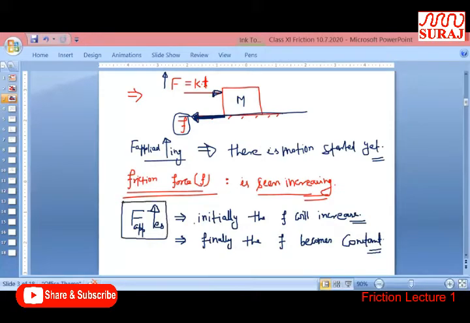Initially it is seen that for increased value of applied force, the friction force was increasing, and after some time, finally means what?